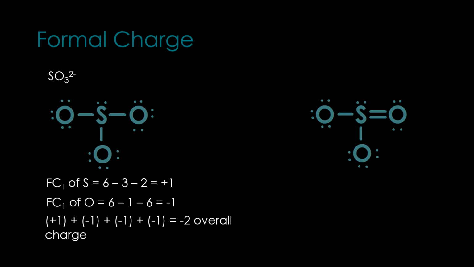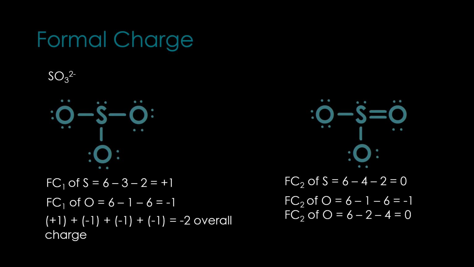Let's calculate the formal charges of the elements in the second possible Lewis structure of sulfite ion. The formal charge of sulfur is 0. The formal charge of oxygen with the single bond is -1, and the formal charge of oxygen with the double bond is 0.